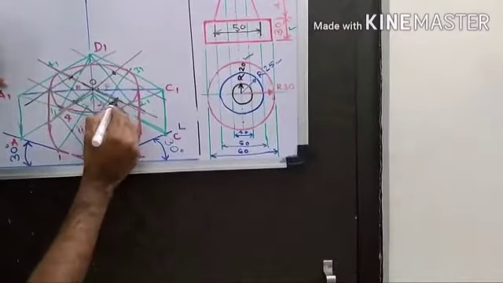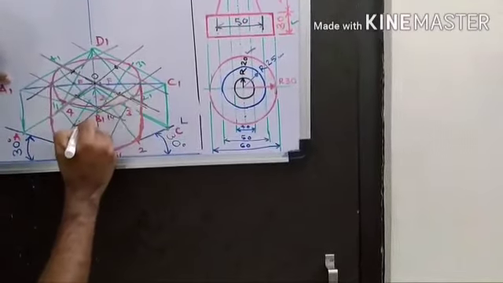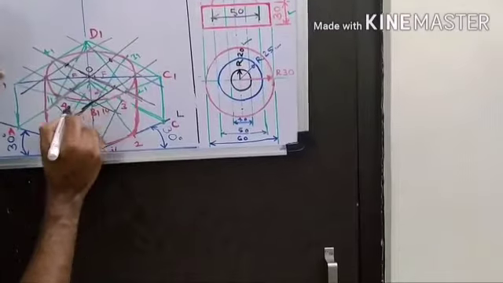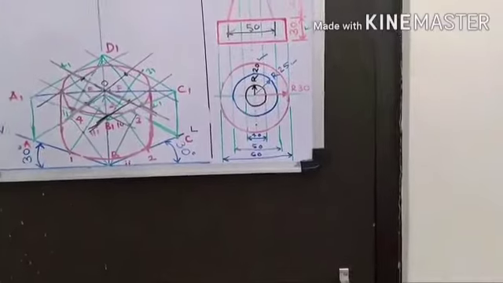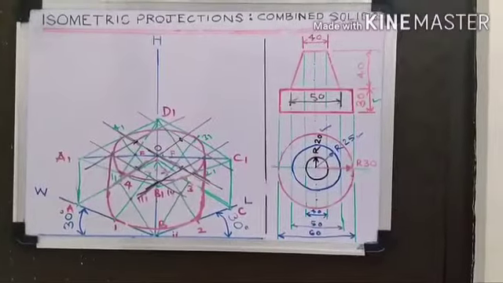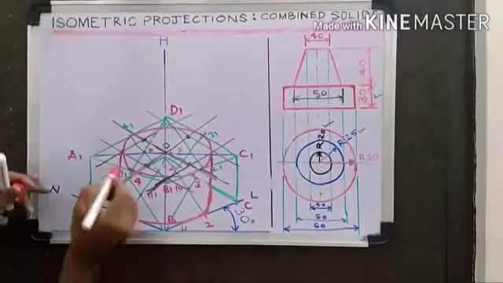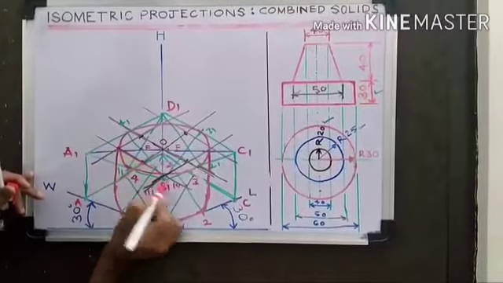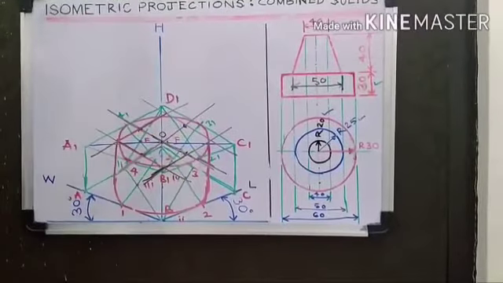Passing through this point, draw a parallel line to A1D1. Got it? Now you can observe you are having the rhombus of size 50 by 50. This is 50. This is 50. Got it?